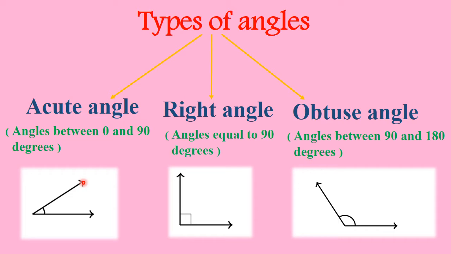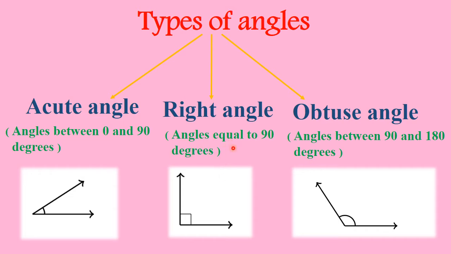Look at this image. This is an example for an acute angle. An acute angle is in between 0 and 90 degrees, that means less than 90 degrees and greater than 0 degrees.